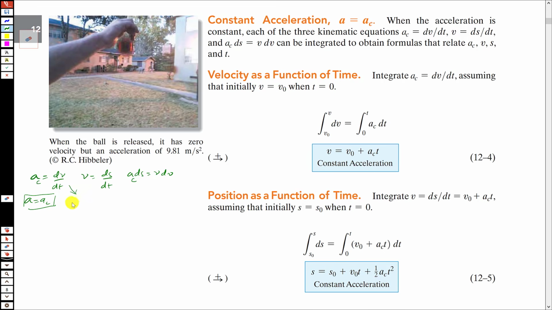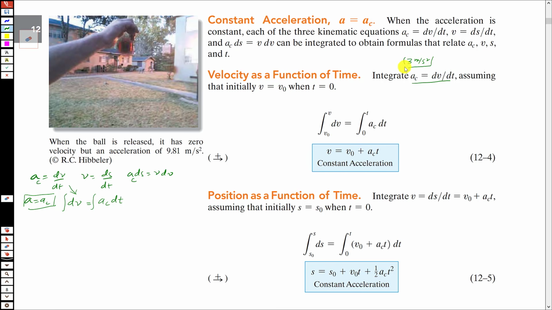If you want to find the velocity, then dv is equal to ac dt, and to find the velocity after some time interval, we integrate that. We will learn these in examples when we are given some data. If we want the velocity as a function of time and the acceleration is constant, ac is dv by dt, and the constant has some value, let's say 3 meter per second square.